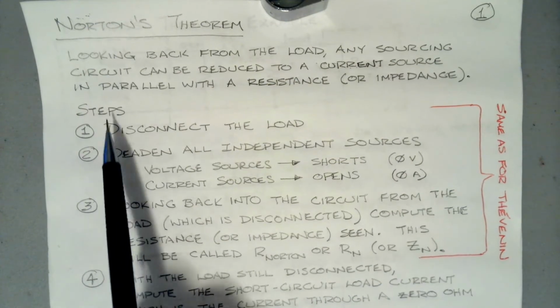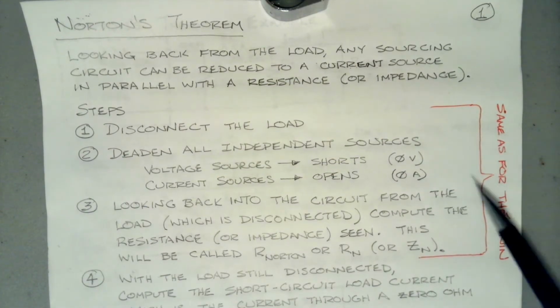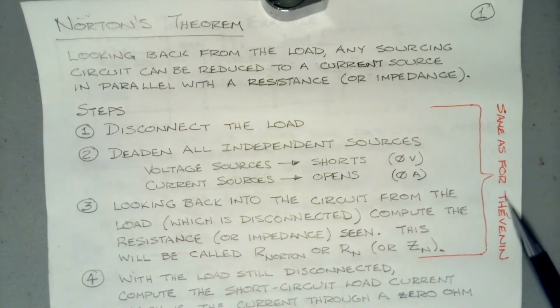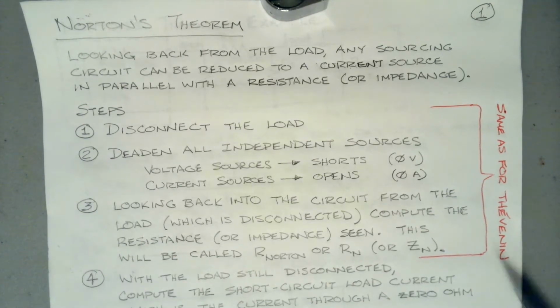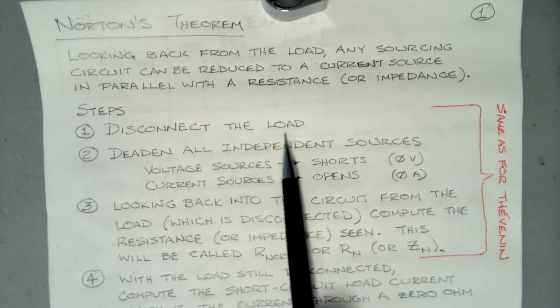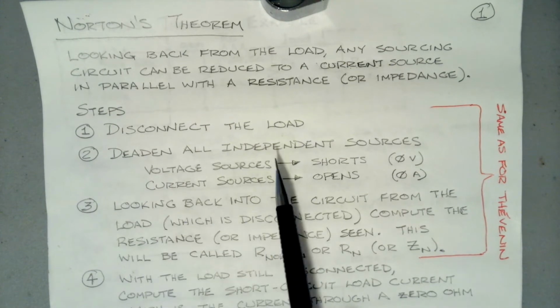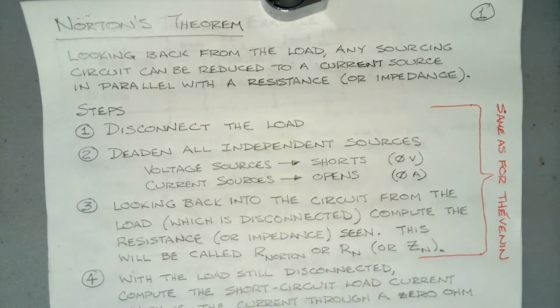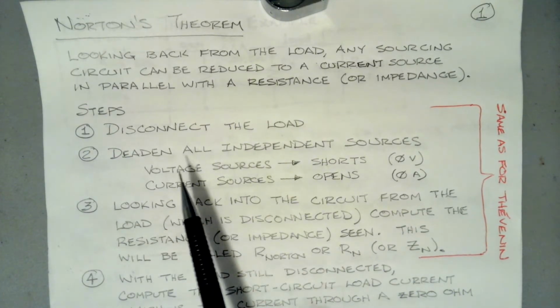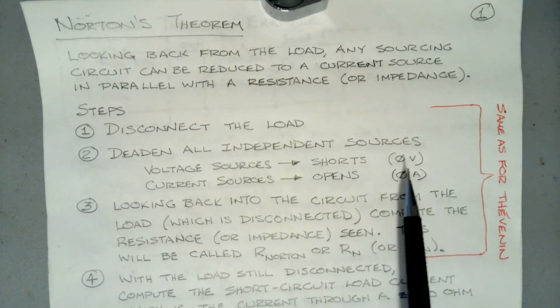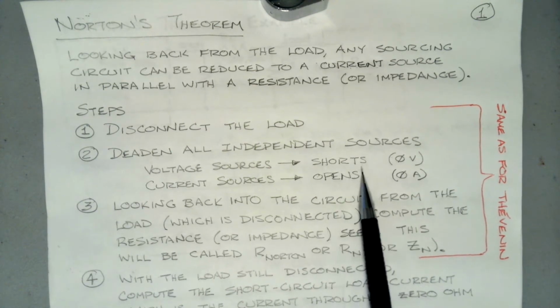The first three steps are exactly the same as for Thevenin's theorem. We disconnect the load and deaden all independent sources. We'll talk about what a dependent source is as the course goes on. Voltage sources become 0 volts, which is just a short circuit.